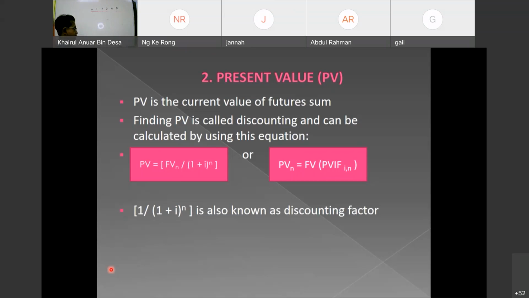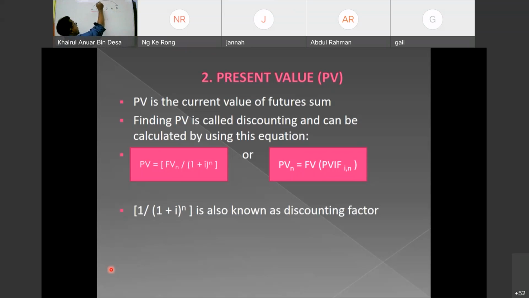Bagus, ada perkembangan yang baik. Future value, here to here is the future value.